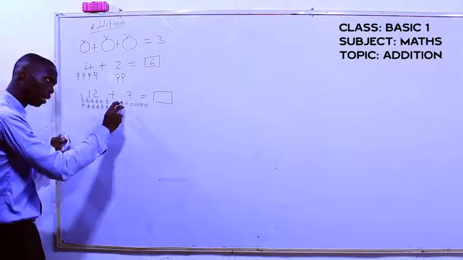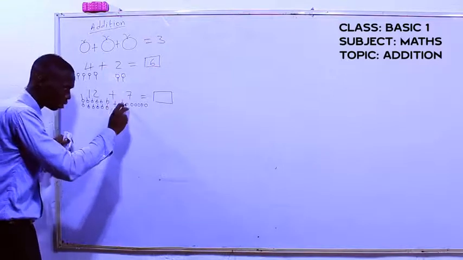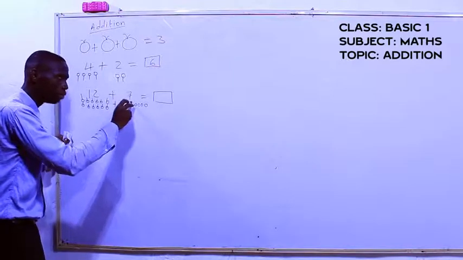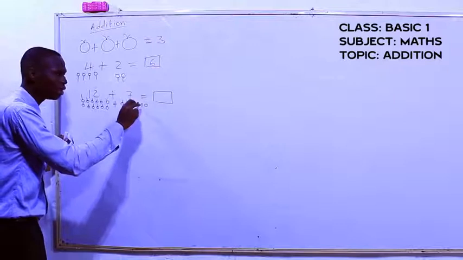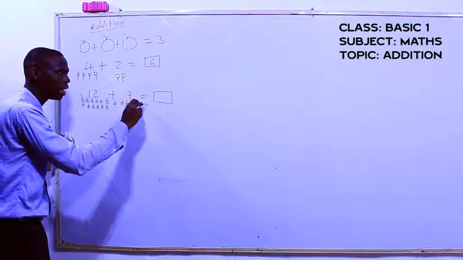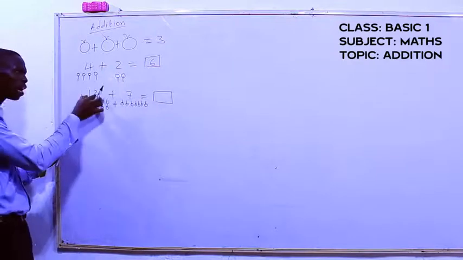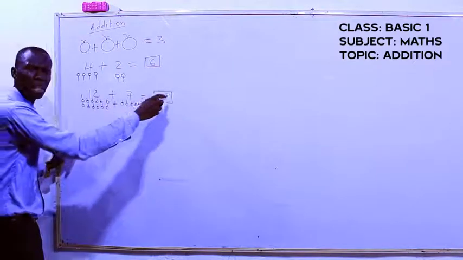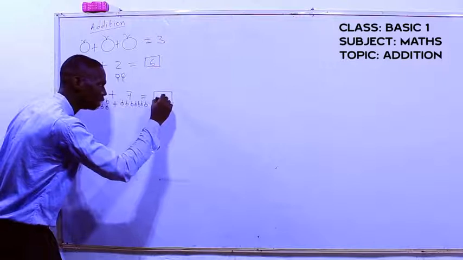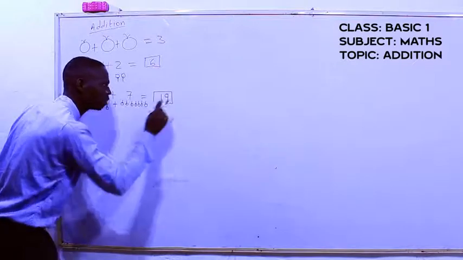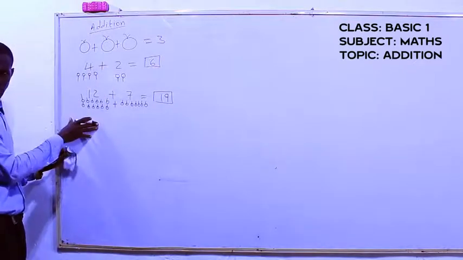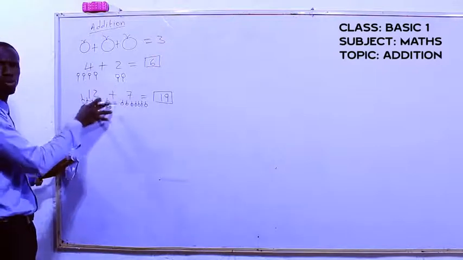Let's enter this one. 13, 14, 15, 16, 17, 18, 19. That means 12 plus 7 is 19. You will write 19. This is addition. We've added 2 numbers.